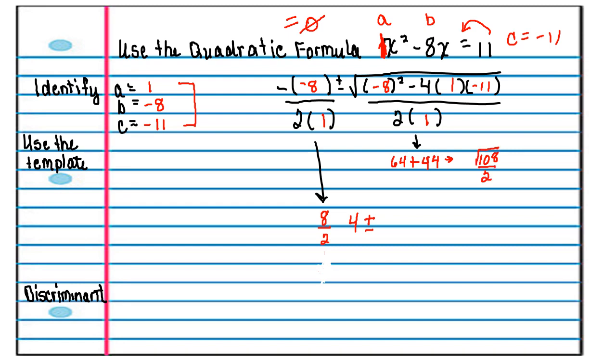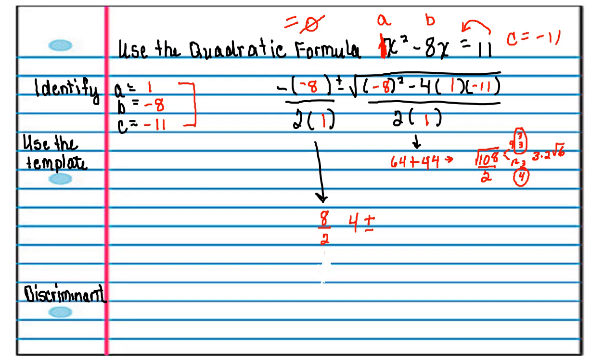We have to simplify the 108. 9 and 12. 3 and 3. 3 and 4. Okay, so a 3's coming out. 2's coming out. 3 stays inside.